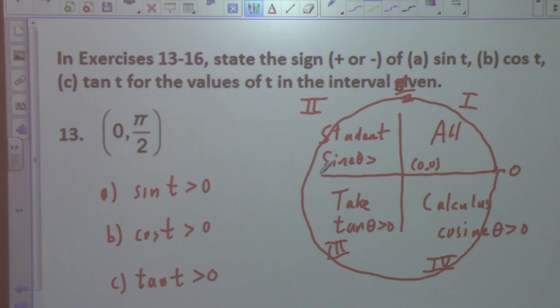Anyway, subsequent problems 14, 15, and 16 are from other quadrants in the unit circle. Ideally, eventually I'd like you to be able to do this without a unit circle in hand, but if you have one out, like I see a few of you do, that is great. I'm glad for you to do that.